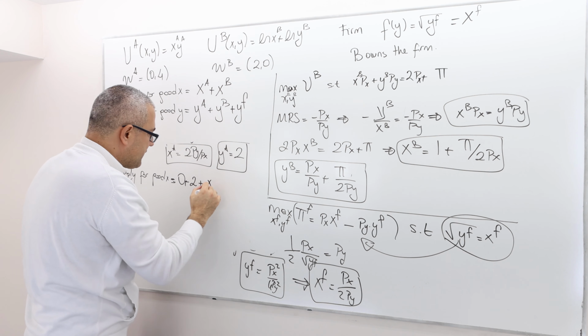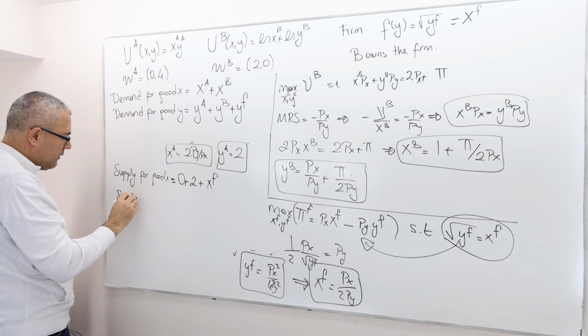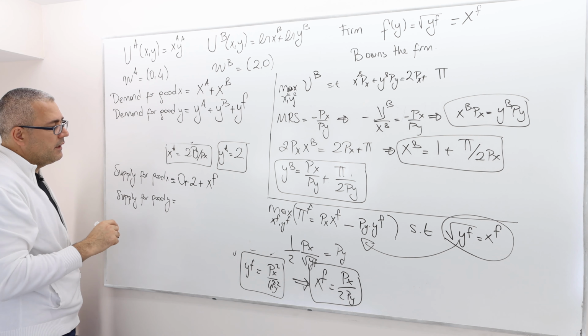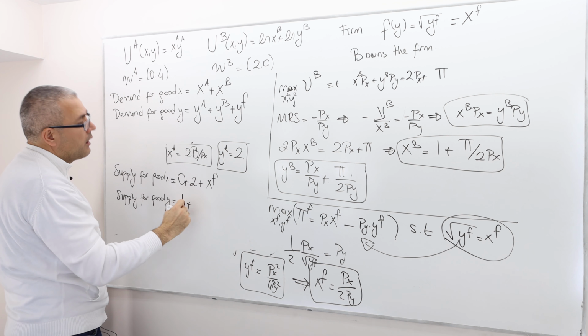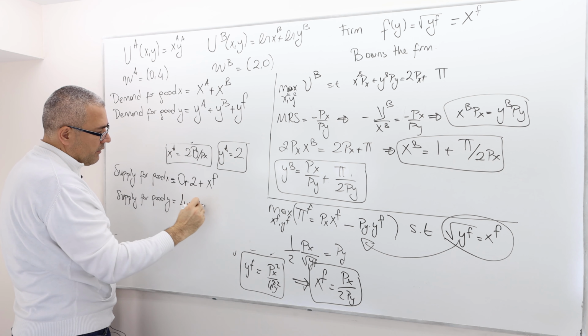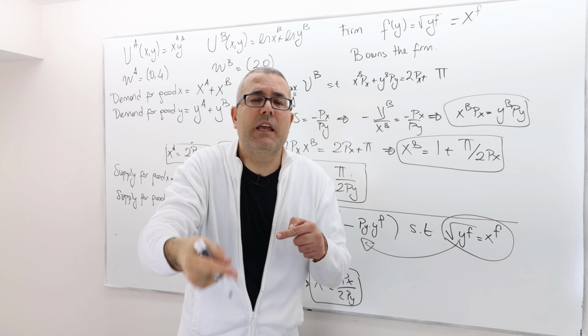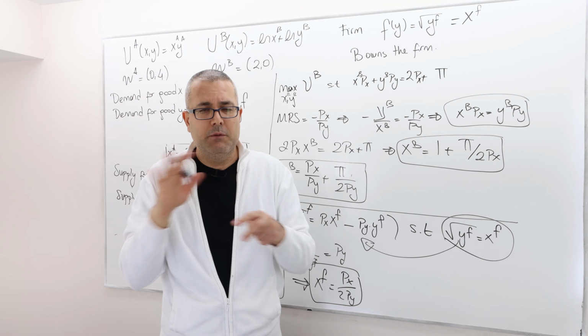So therefore xF. Well, what about the supply for good Y? Well, this time Ali supplies 4 units of good Y. Bob supplies 0 units of good Y. And the firm doesn't supply anything. It just consumes. So the input is always consumed completely.